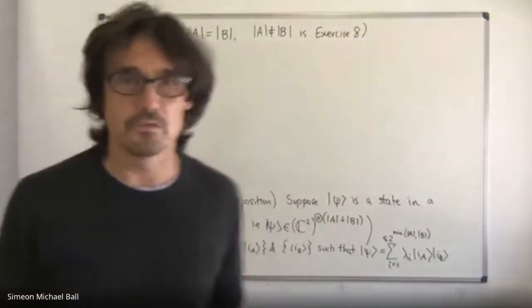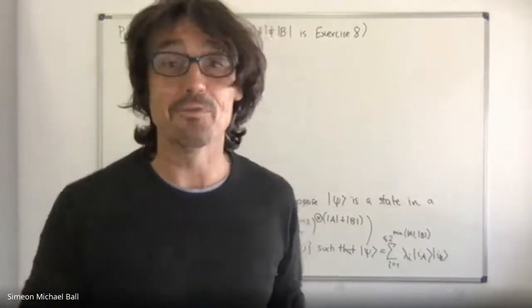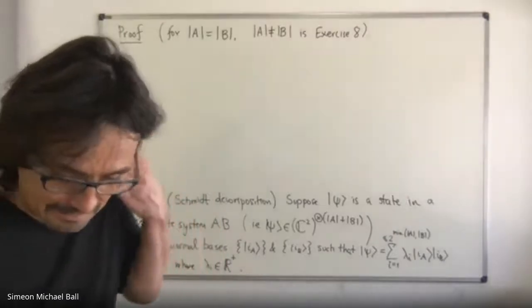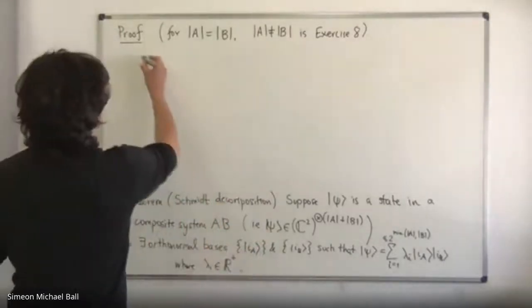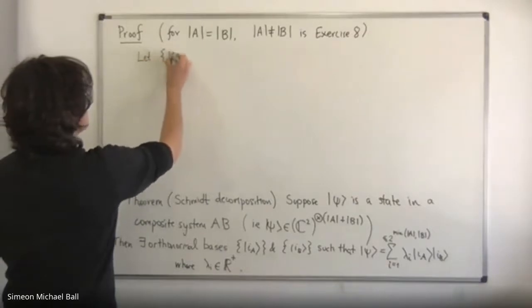Okay, so somebody has to go through this proof very carefully and work out how to make it work when A is not equal to B. So we start off just by simply choosing any old orthonormal basis.